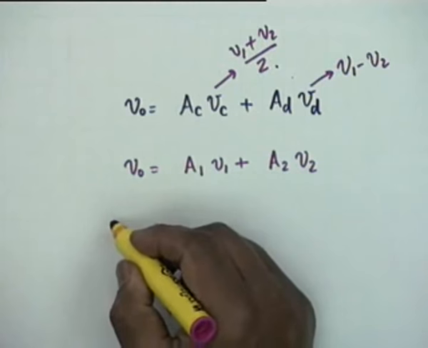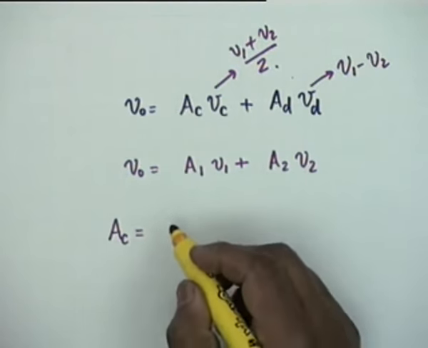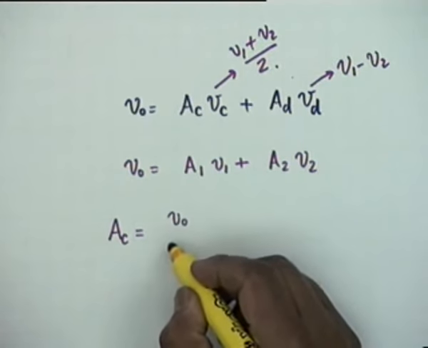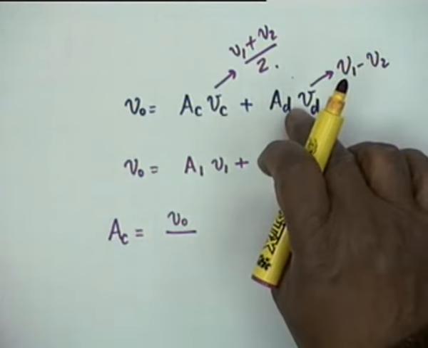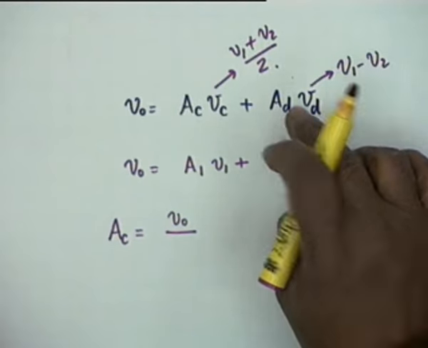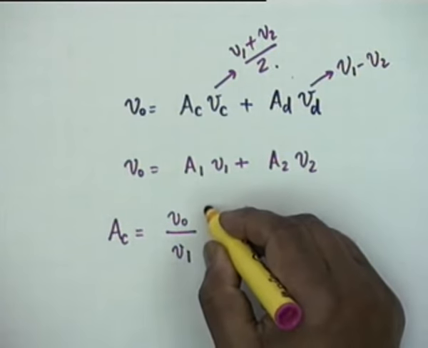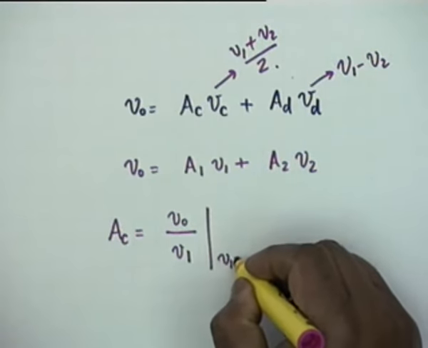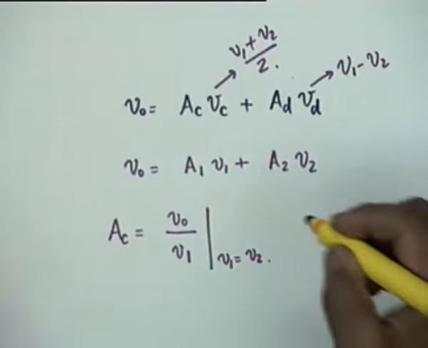For example, if you want to find out A sub C, the common mode gain, obviously this is V0 divided by, you want to make this term equal to 0, so V0 by V1 with V1 equal to V2. Agreed? So you clip the two together, apply a voltage, measure the output, then V0 by V1 is equal to this.